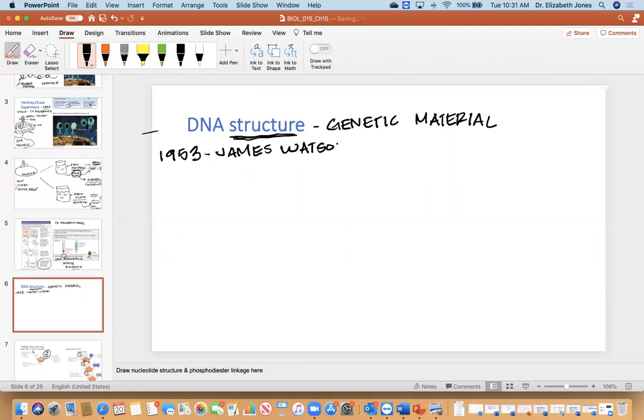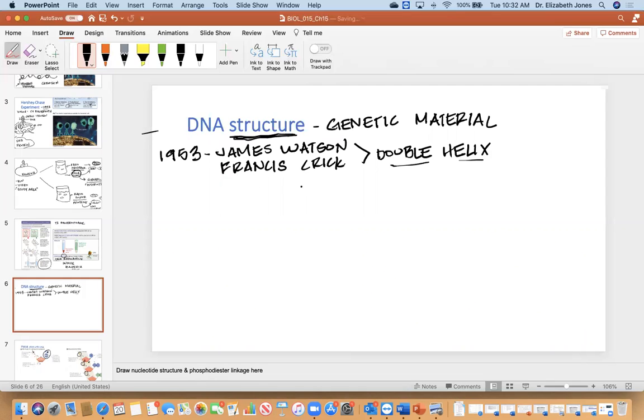You've probably heard of Watson and Crick, okay? What did they discover? Well, they discovered that DNA is a double helix. Folks did not know that prior to 1953.